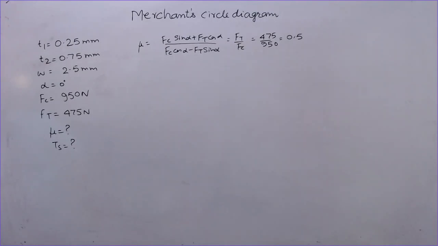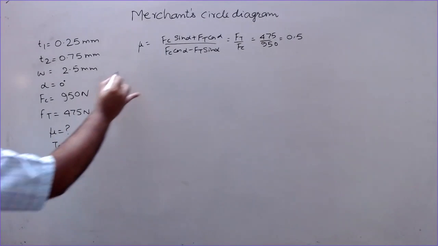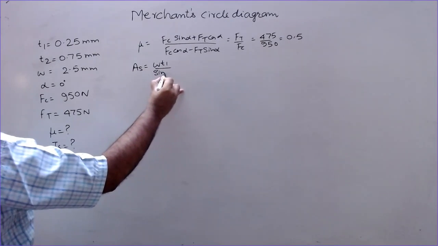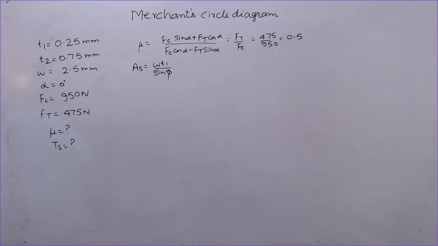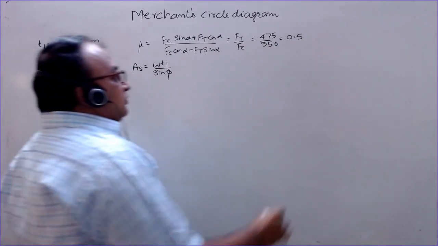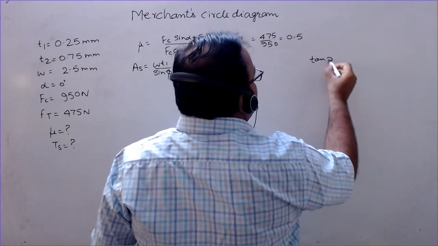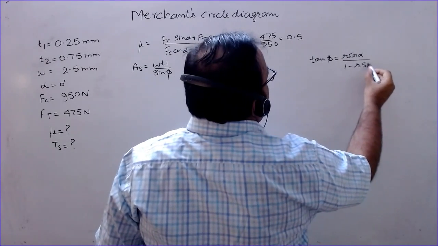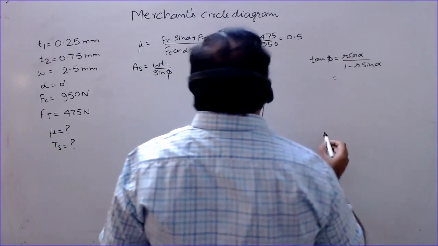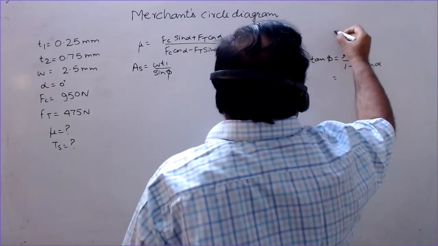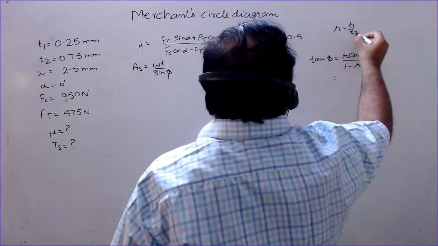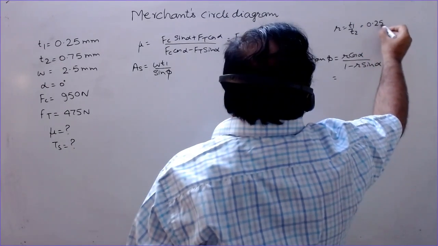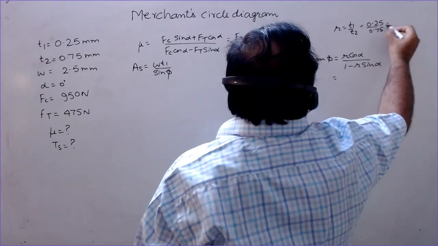Then the area of shearing, Wt1 by sin phi. So phi we have to find. So tan phi is R cos alpha over 1 minus R sin alpha, and R here is T1 by T2, 0.25 by 0.75, 1 by 3.